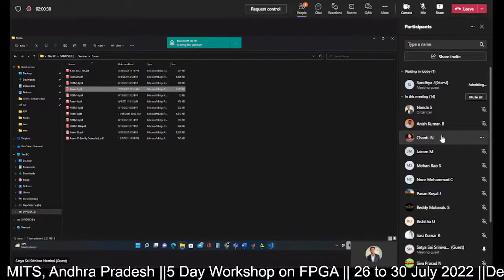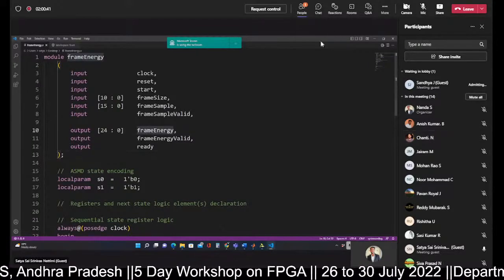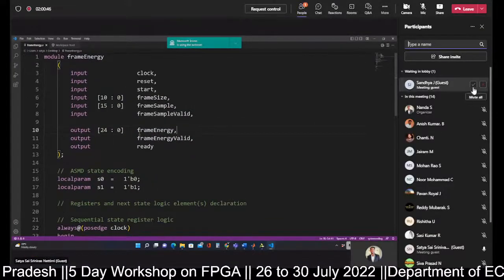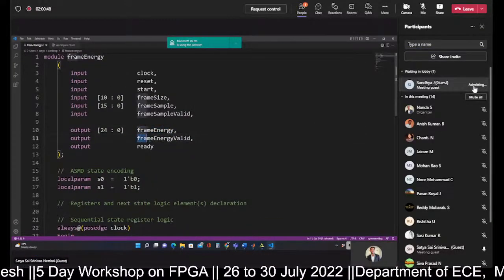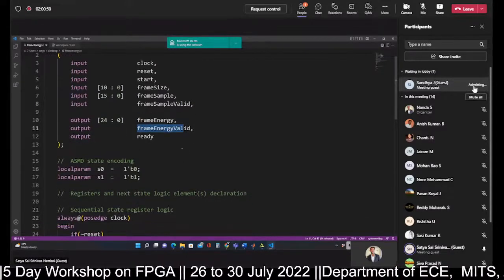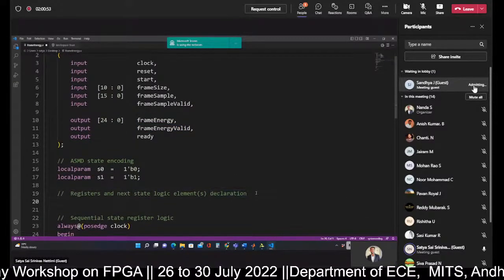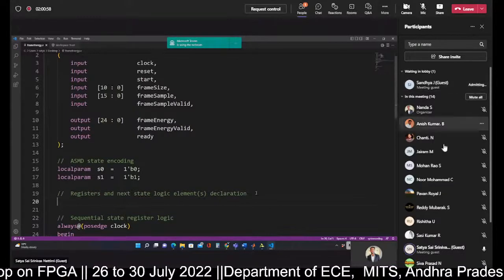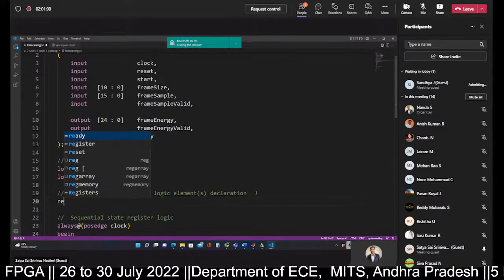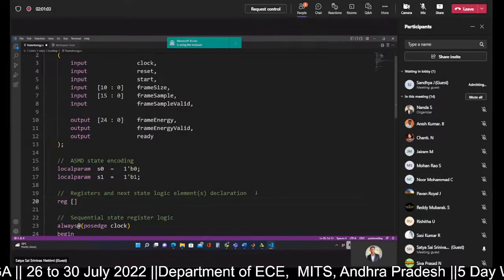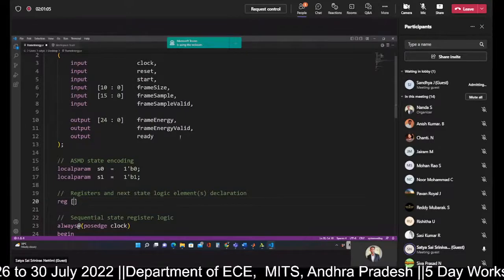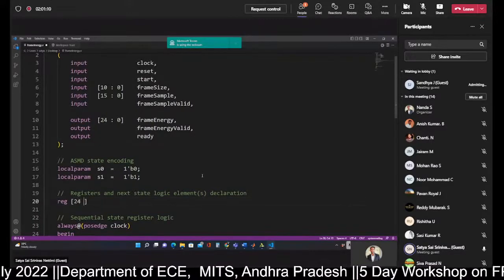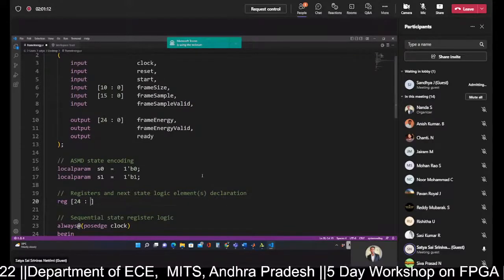So now we need to create registers for each and every output, and from that register we have to drive these outputs. So for that purpose, first we will create a register for frame energy. So reg 24 down to 0.